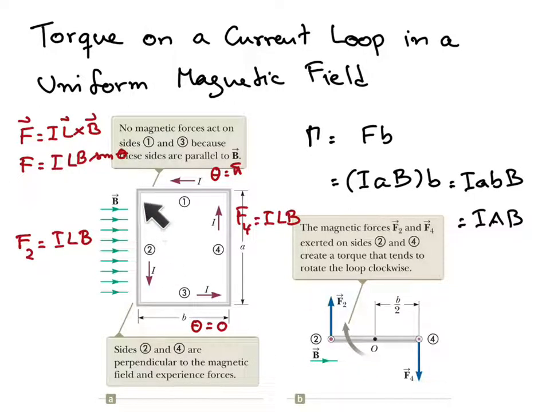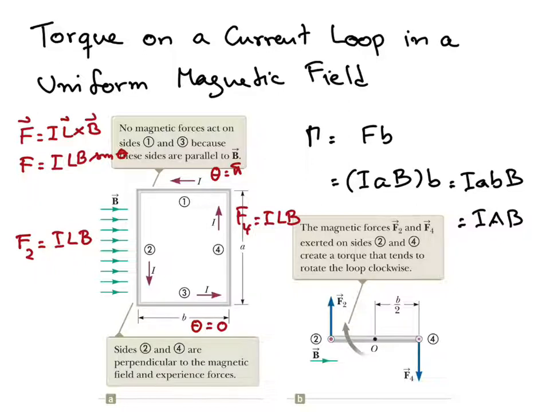Okay. So if we look through this direction, you will see that the current on segment number 2 points outward, and the current in segment number 4 points inward. So when we use the right hand rule, the direction of the current points along your forefinger, and the direction of the magnetic field points out from your palm, your thumb will point upward.